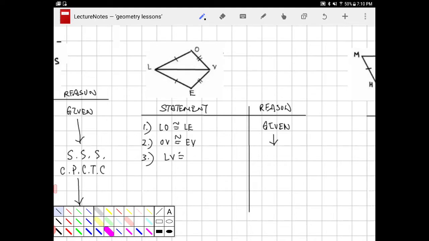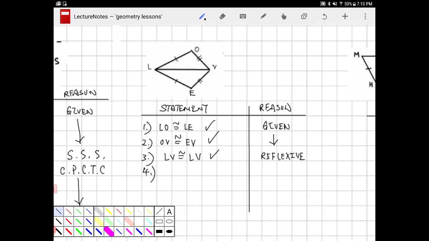LV is congruent to itself. This needs to be in place because I want to show that both triangles have all three corresponding sides congruent.